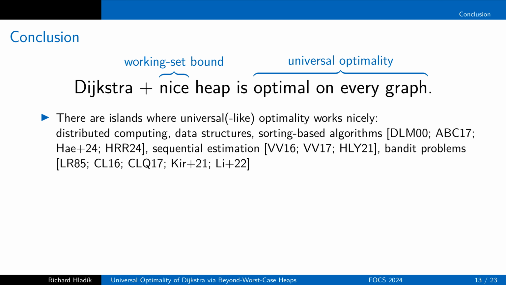And so for me the question is whether at some point in the future we will be able to connect some of these islands into something more meaningful, or whether all the islands will just stay islands. Either way, I think it's really valuable to try and apply universal optimality to different problems and different areas. And I think it's the first step on this journey.